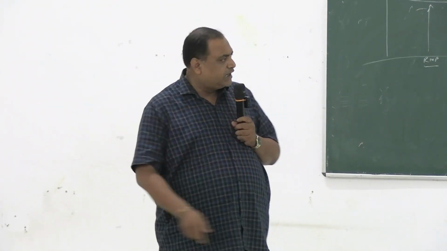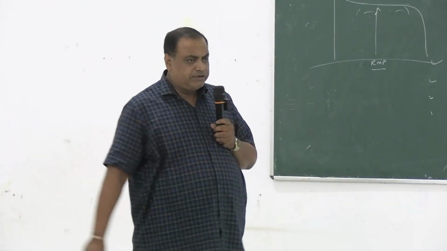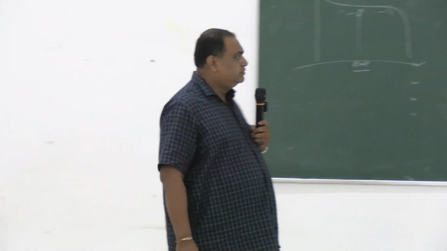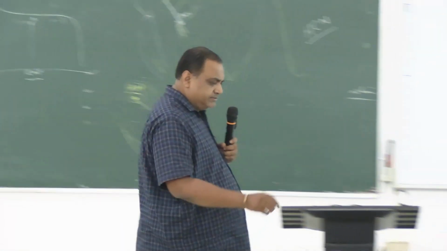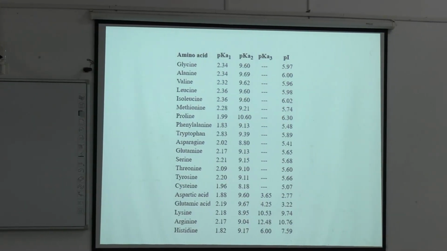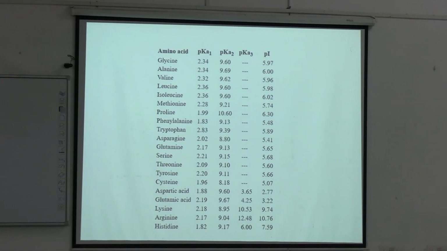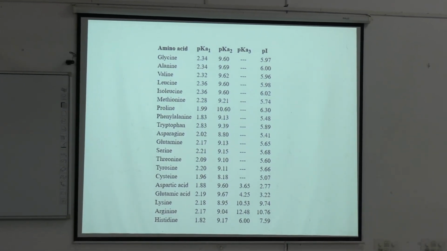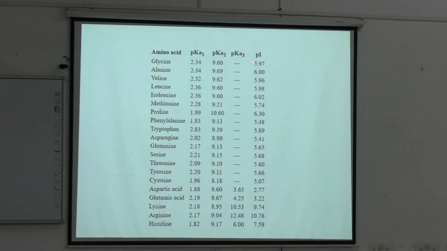So for that, I have shown you a table for all amino acids with their respective pIs. Up to this, see, no issues. There are 2 pKs. So do the arithmetic mean, you get the pI.